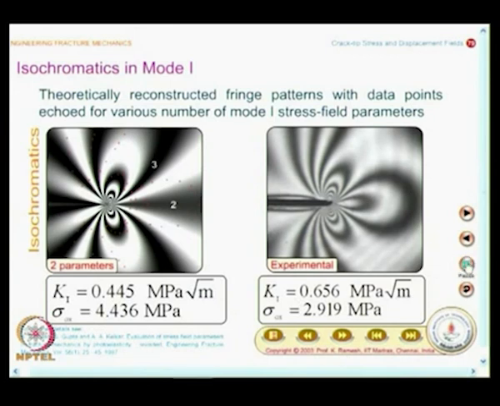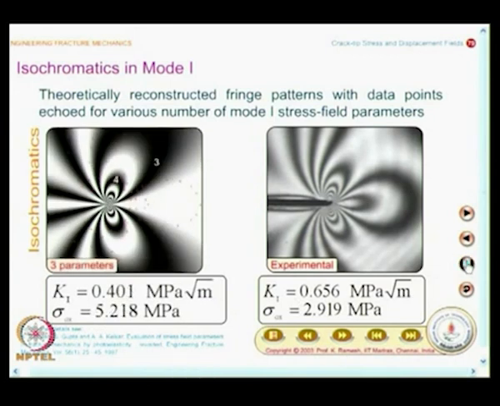Let us look at what happens to a 3 term solution. So, for 3 parameter, K changes, sigma naught x changes, and you find the frontal loops are not at all matched.